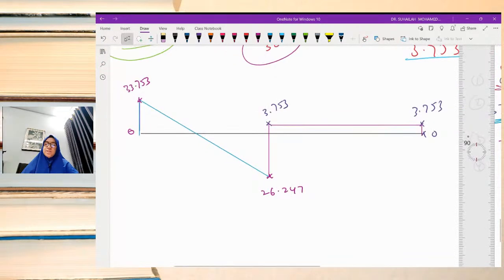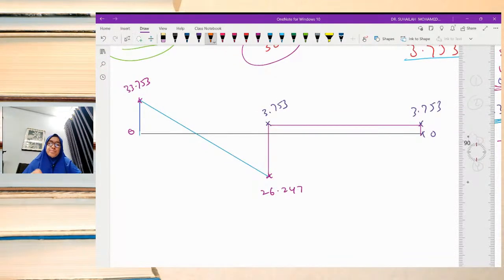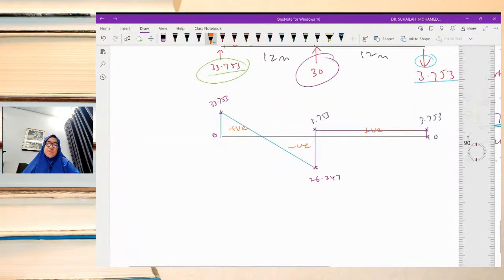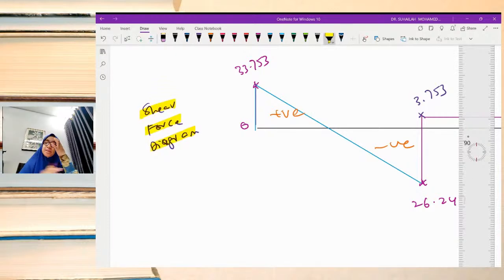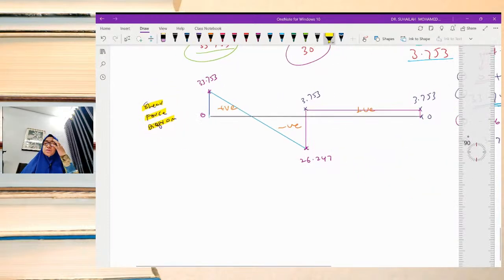So this is the shear force diagram: positive, negative, positive.